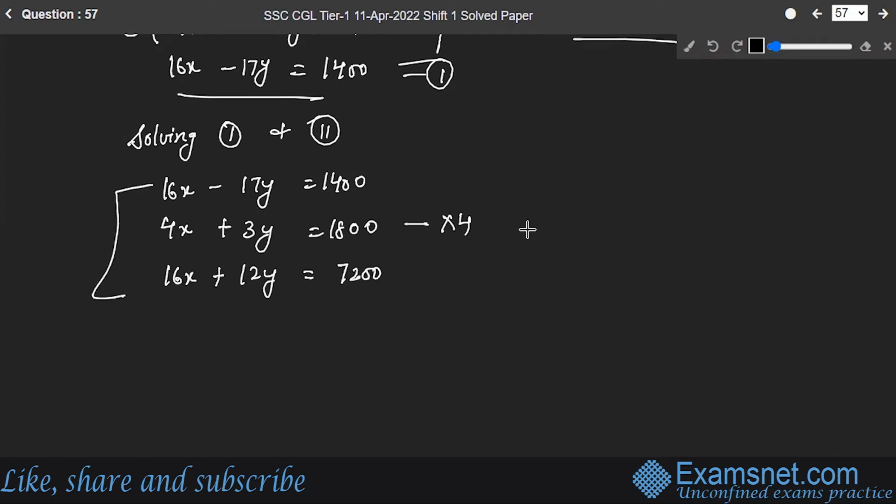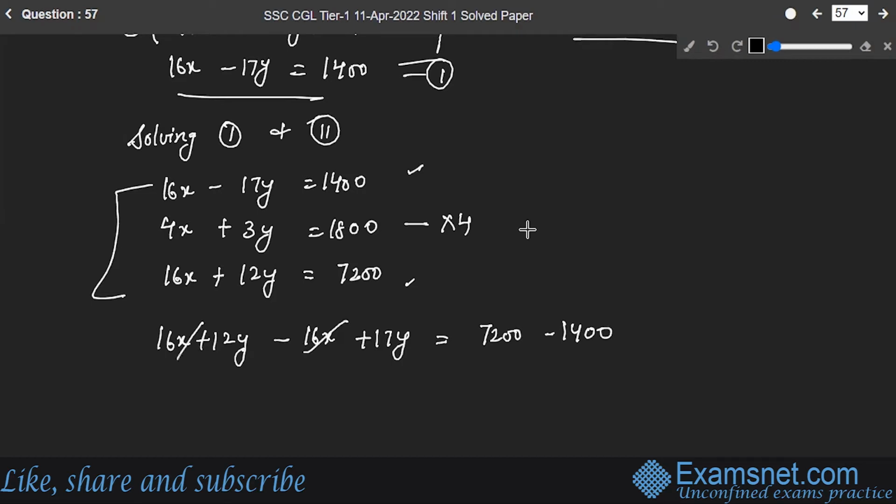I'll subtract them, the second one from the first equation. After subtracting both equations, what you will get is 16x plus 12y minus 16x plus 17y is equal to 7200 minus 1400.